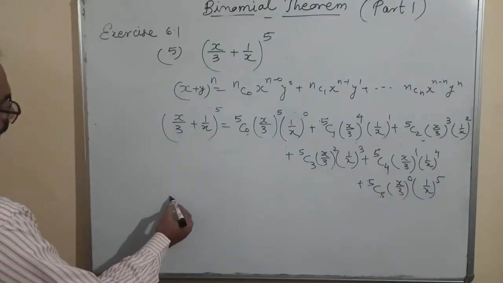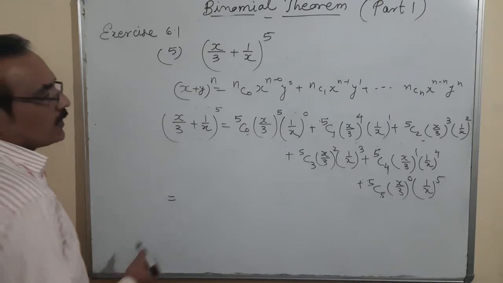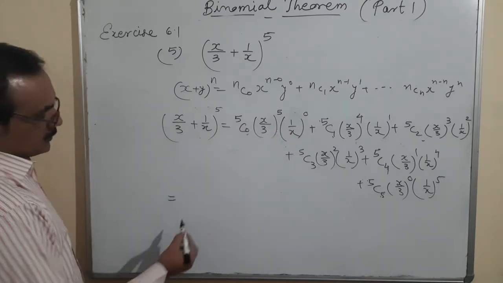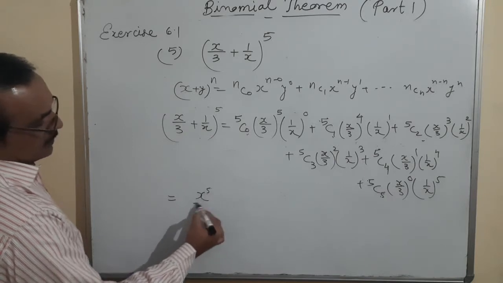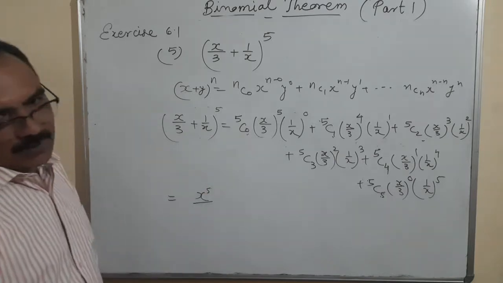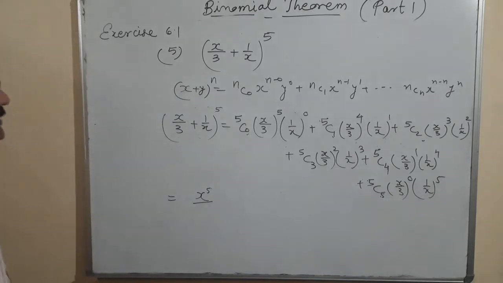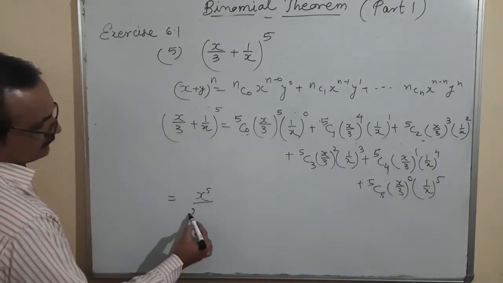Okay. 5C0, 1. Its value is 1, x to the power 5 upon 3 to the power 5. 3 3s are 9, 27, 81, and 81 3s are 243.